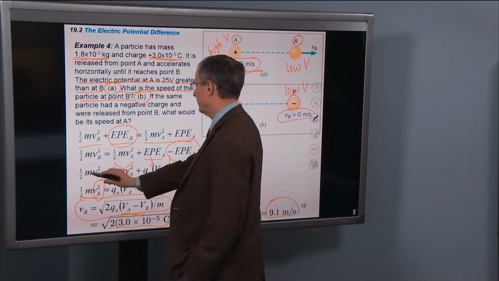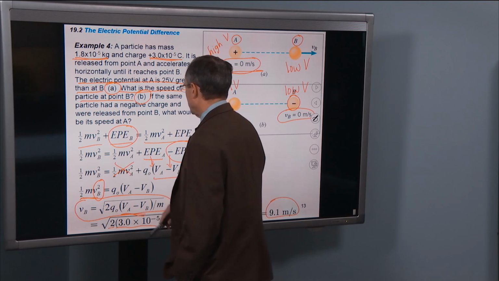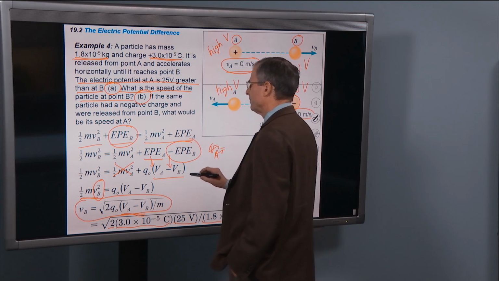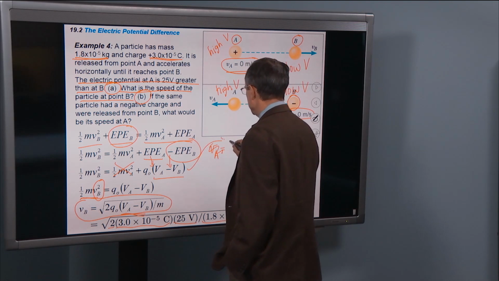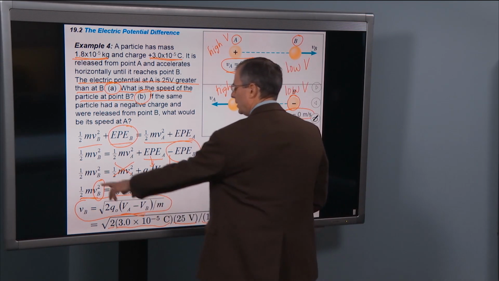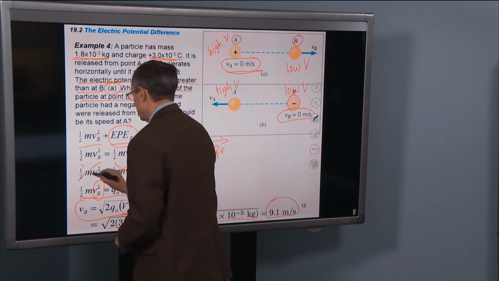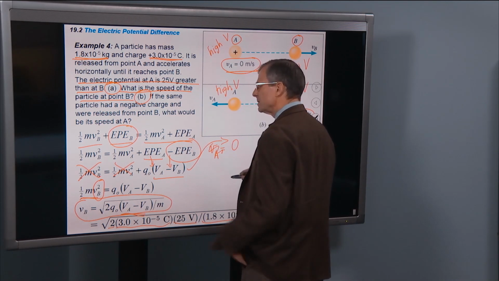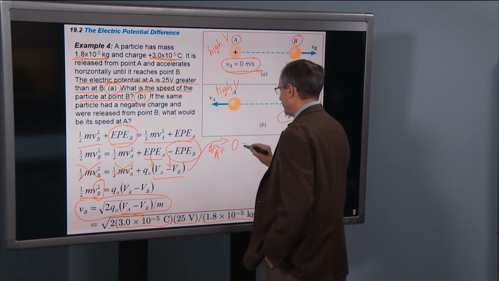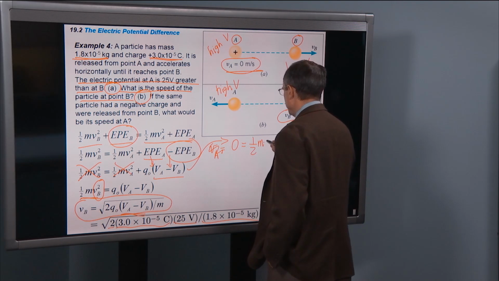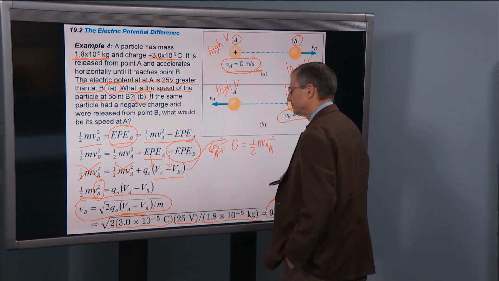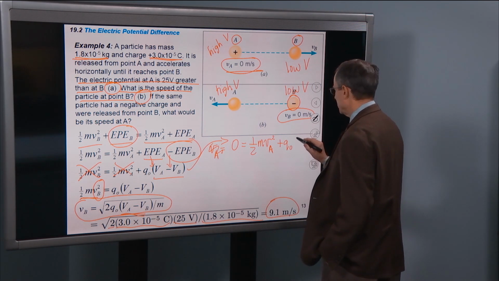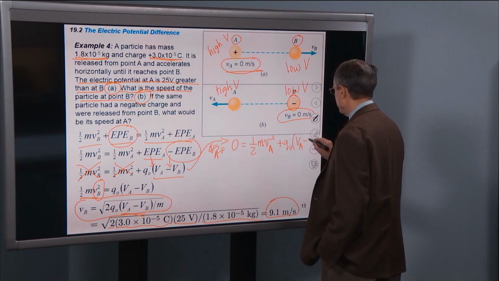But we'll actually have 1/2 mVB squared, that's 0, instead of 1/2 mVA squared. So let's take this equation and see what it's going to look like now. 1/2 mVB squared now is going to be 0, and 1/2 mVA squared is not going to be 0. So there's the 0 for the 1/2 mVB squared, equals 1/2 mVA squared plus Q naught times VA minus VB.